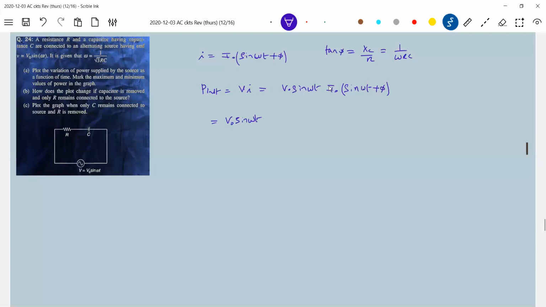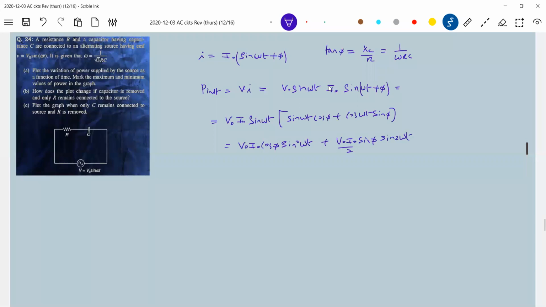Expansion of this will be V naught I naught sine omega t, sine A cos B plus cos A sine B. So this will become V naught I naught cos phi sine square omega t plus V naught I naught by 2 sine phi sine 2 omega t.